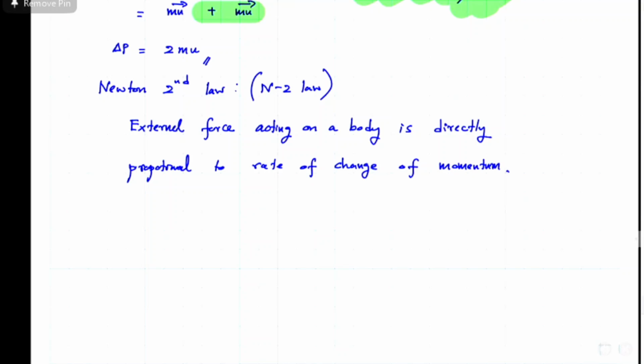That's what Newton said. Now we have to pay attention to rate of change of, and we have to pay attention to external force.